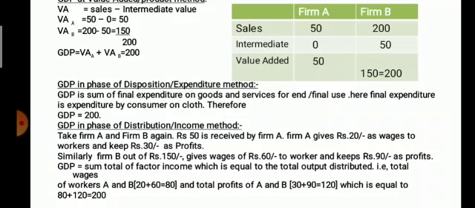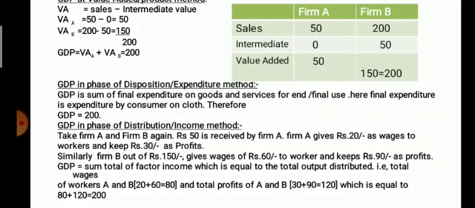Total output distributed is how much? 200. That is finally it has been sold to the consumer at 200. So it should be equal to the total wages of worker A and worker B plus the total profits of the two firms. Firm A has given 20 as wages and firm B has given 60 as wages. So 20 plus 60 will give you 80 rupees total wages.